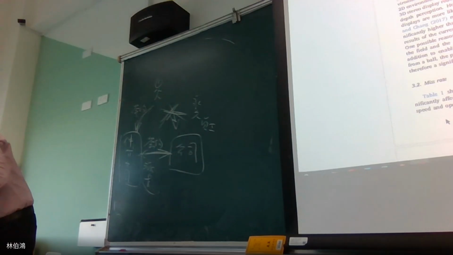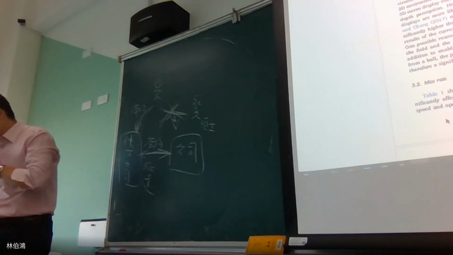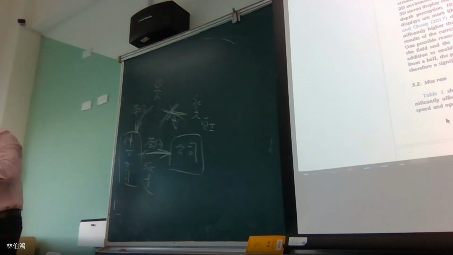So the last question. 3D provides higher visual fatigue than 2D, and also provides higher presence than 2D. And the final question: what is the correlation between 3D visual fatigue and musculoskeletal discomfort?